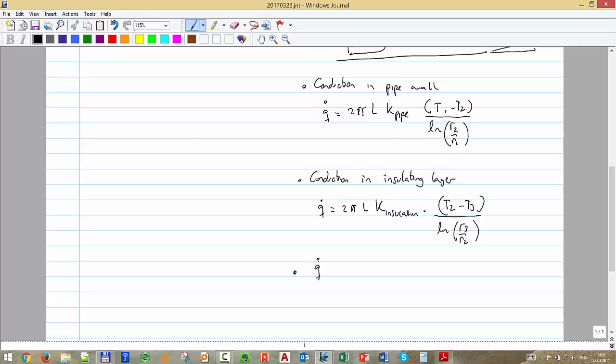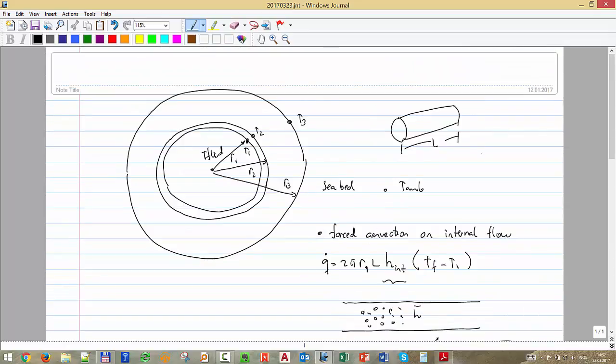So then the last part is convection in the sea. Okay, and here I also want to point out that you have two types of convection. One of them is forced, where the fluid is in movement against the surface.